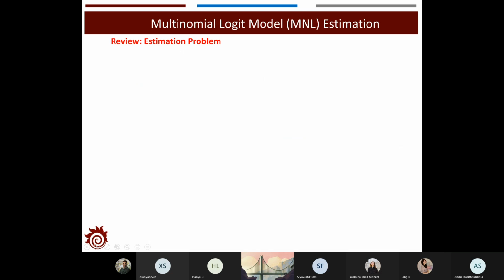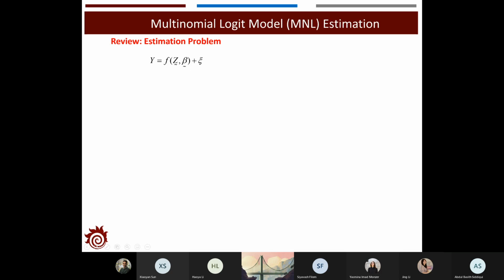For the estimation problem, we have this in the prerequisite. We have reviewed some probability theory, and in the trip generation chapter we also discussed linear regression models, which have some similarity here.